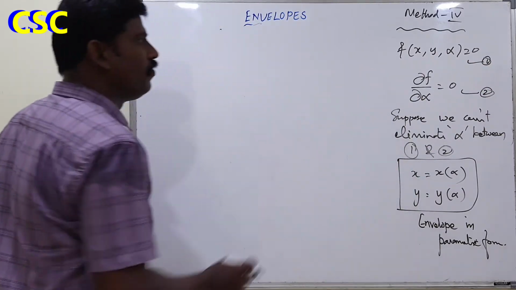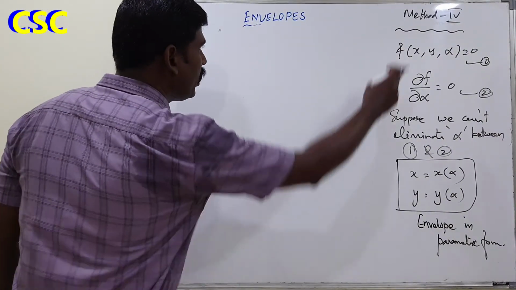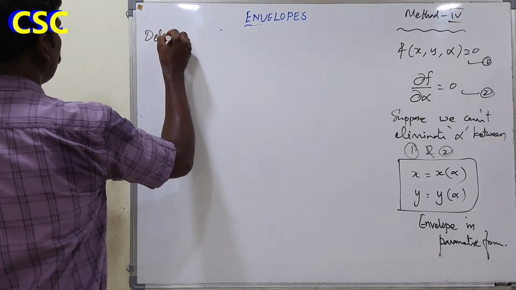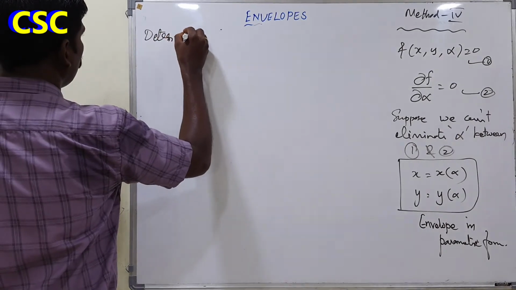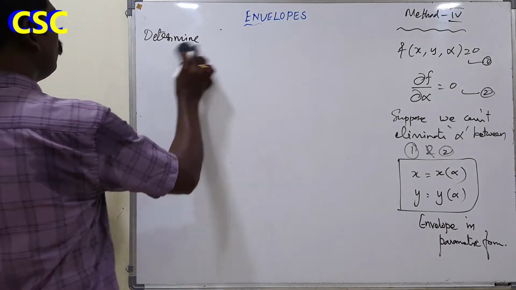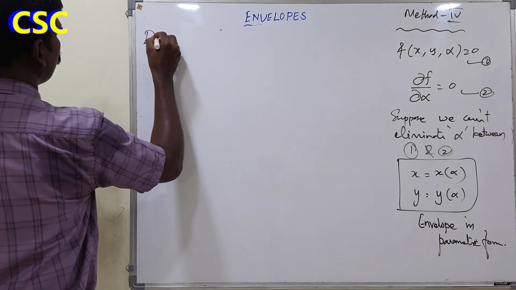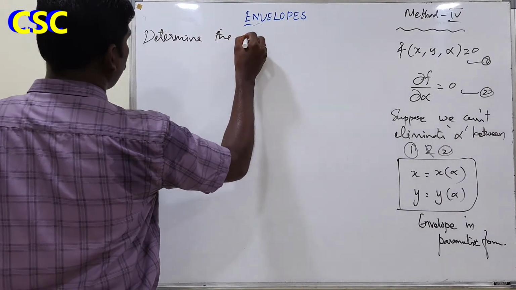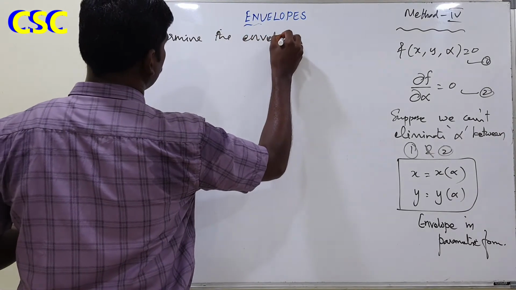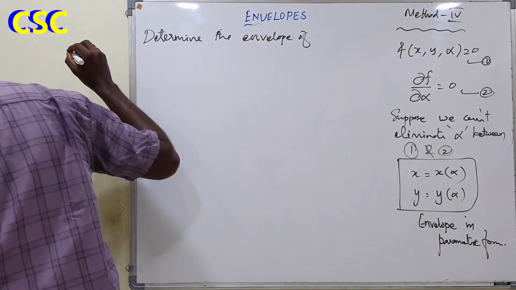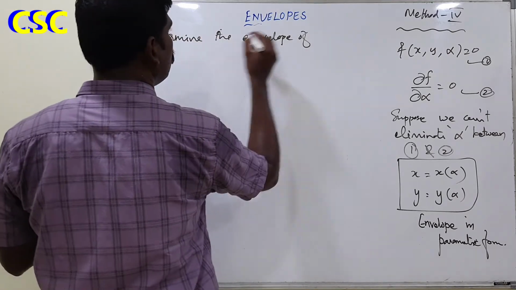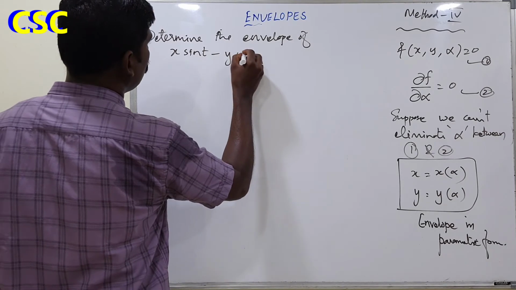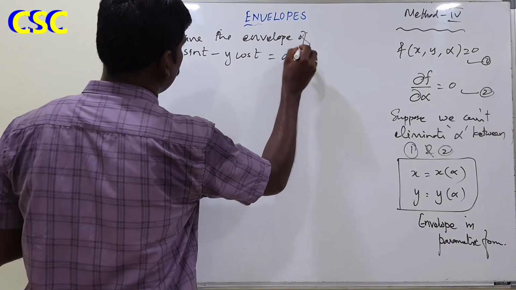Now we are going to solve one problem related to this method 4. Determine the envelope of x sin t minus y cos t equal to 8.